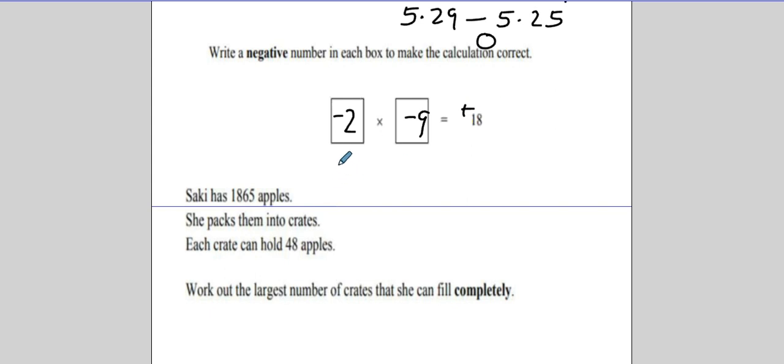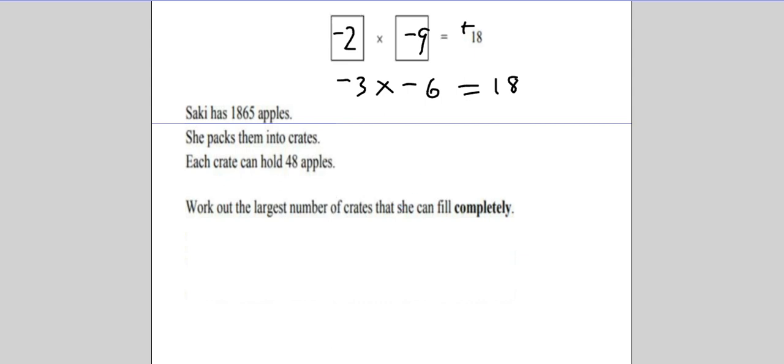Or somebody may write negative 3 times negative 6. Still the answer is 18. Or another one can write negative 1 times negative 18. The answer is positive 18. Do we have another possibility? Nope. Just like that.